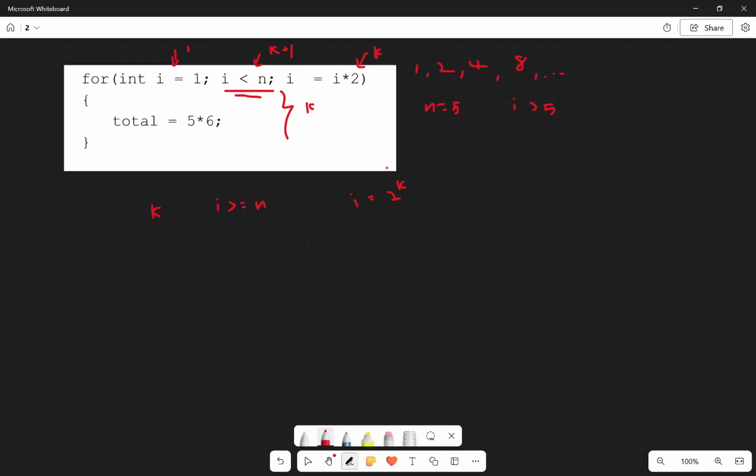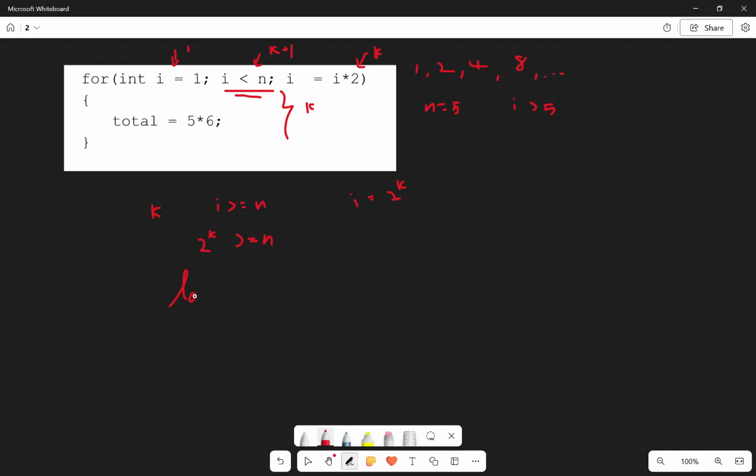So by substituting this, so like over here 2 to the power 4. If you don't understand, just substitute a value instead of using a variable. So by substituting this, you can say 2 to the power of k has to be greater than or equal to n when the for loop exits. So I can use logarithms here.